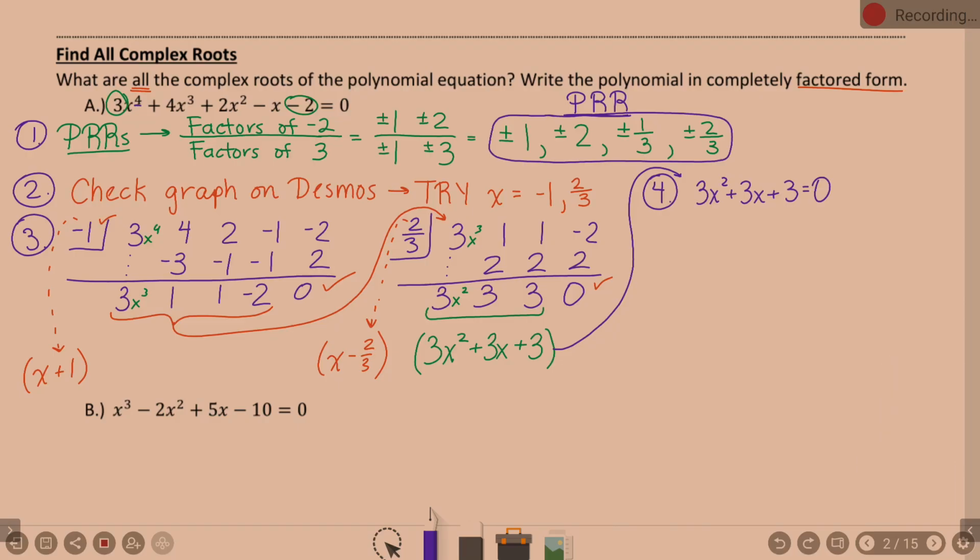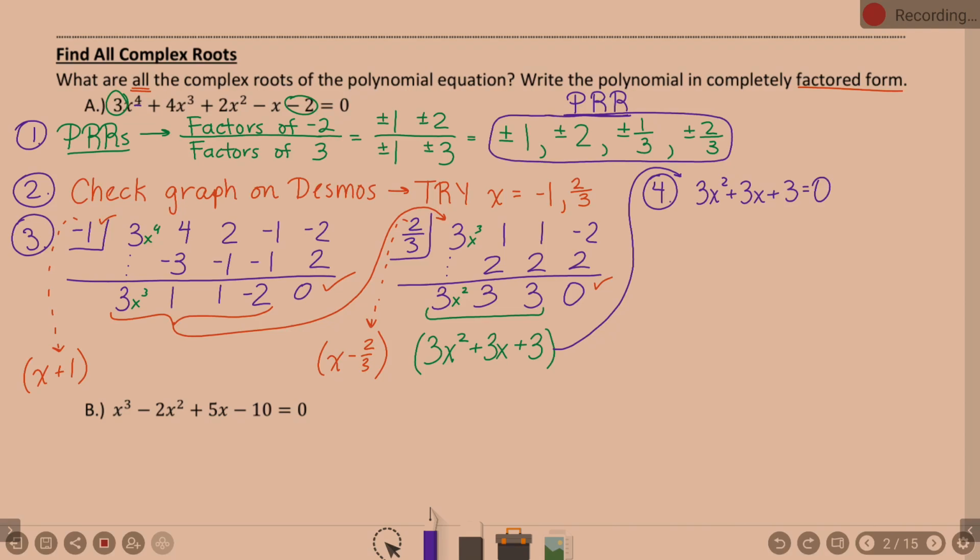Okay? Any thoughts of how to do that? Okay, try factoring, yes? Now if we try factoring, could we get that 3 out of there? Would that be helpful also? If we think GCF, is there a GCF we could get out of there?